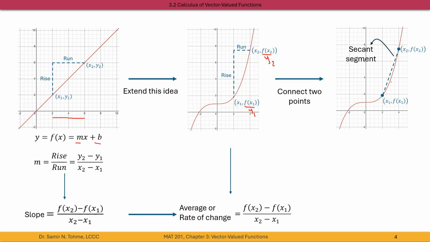This is the secant. And calculating the rate of change will give you the slope of the secant, because this is the same formula, and calculating the slope between 2 points will give you the slope of the straight line. So this is similar to this case. If we calculate the rise over the run between these 2 points, you will get the slope of this line, which means the slope of this secant.